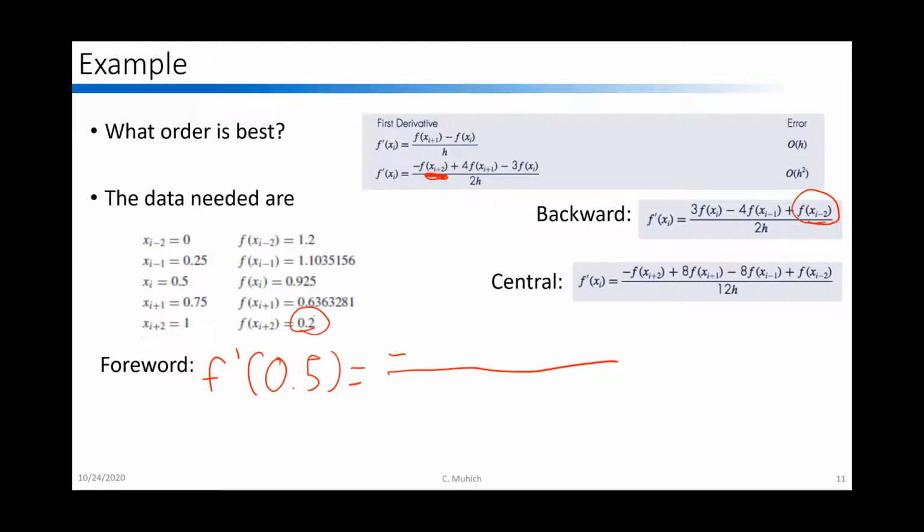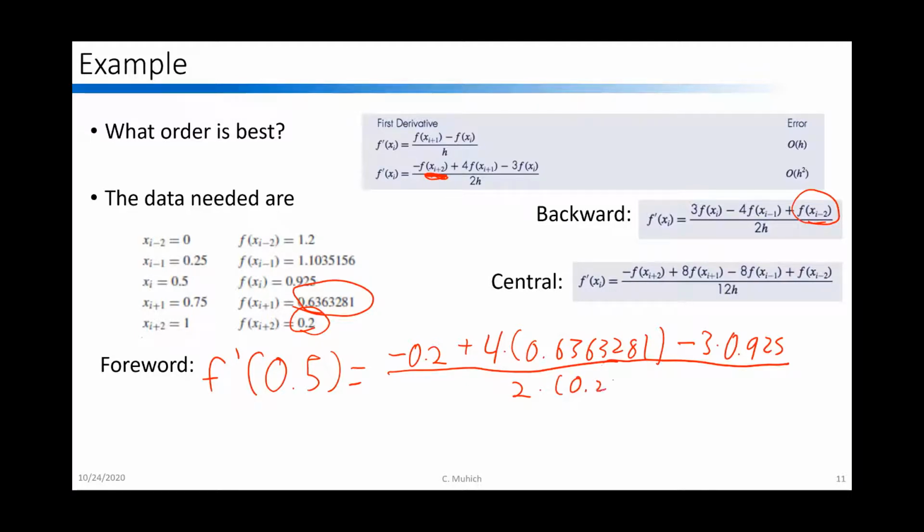We can plug this number in, so that's negative 0.2, plus 4 times f of xi plus 1, which is 0.63638281, minus 3 times f of x, so 3 times 0.925, all over 2h, where h is of course 0.25.